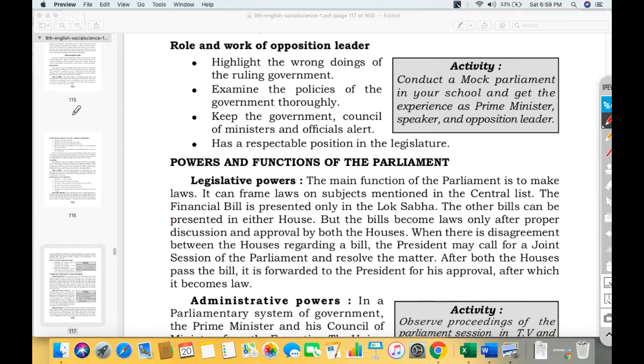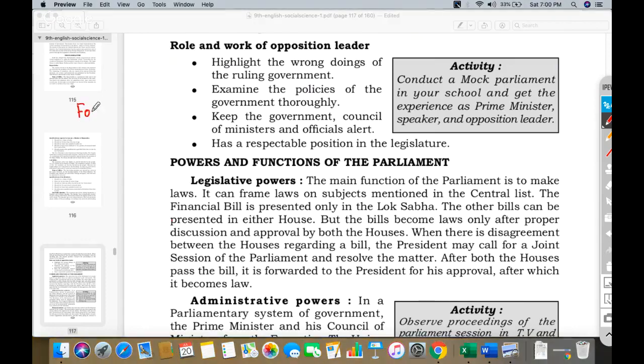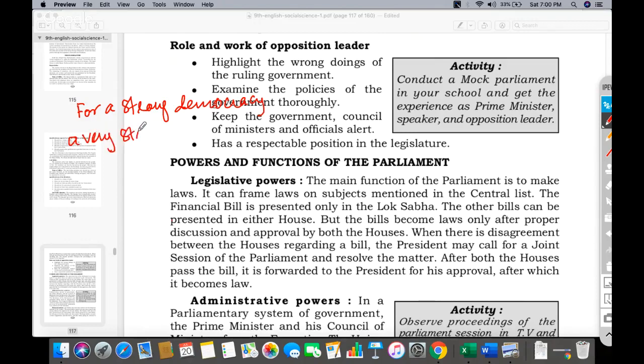So it is always told that for a strong democracy, a very strong opposition is needed.